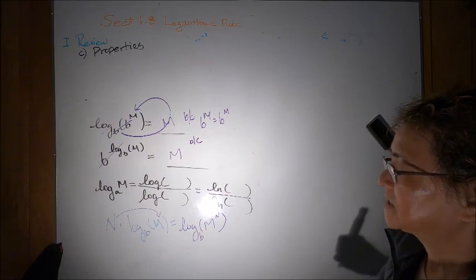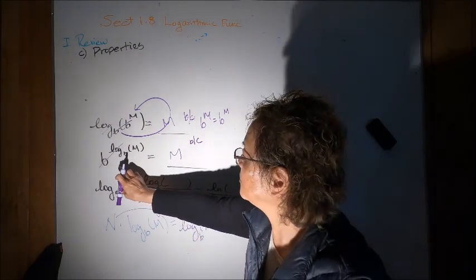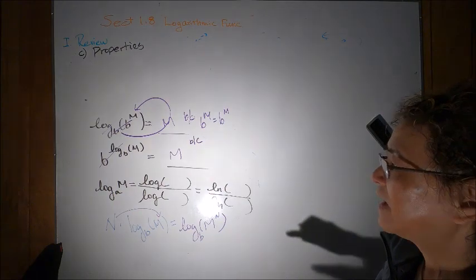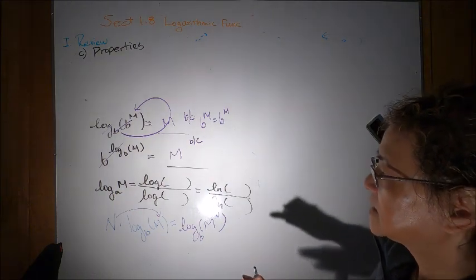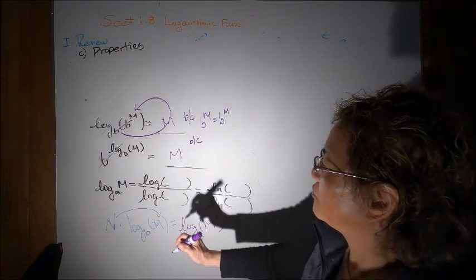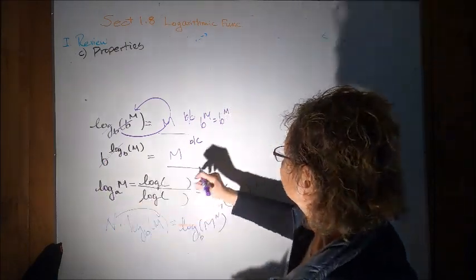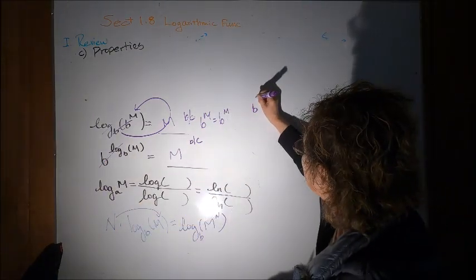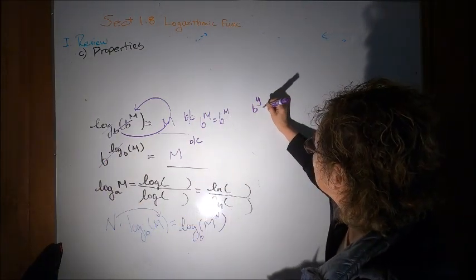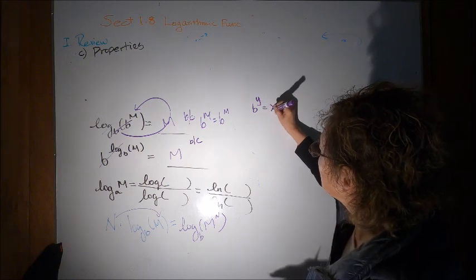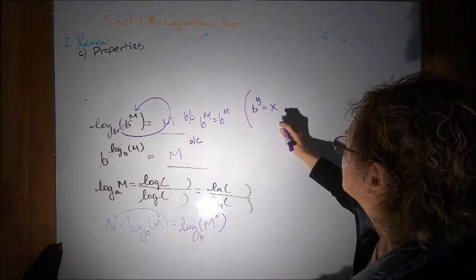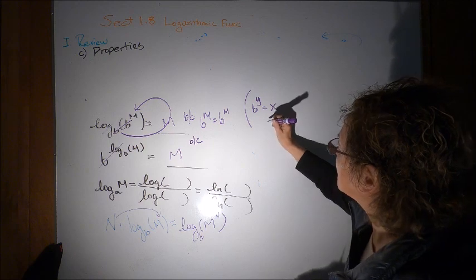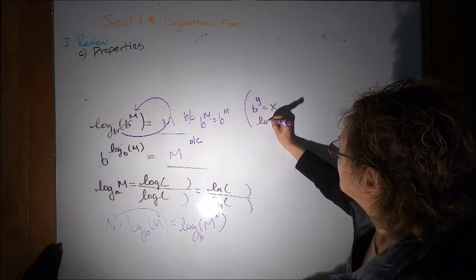Right? If I rewrite, it's not that obvious, so you can take a look. If I rewrite it, we say b to the y power is what? x, right? I can rewrite this as a log. I would write what?